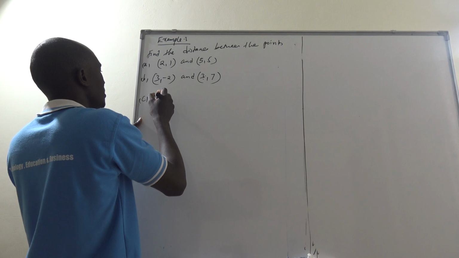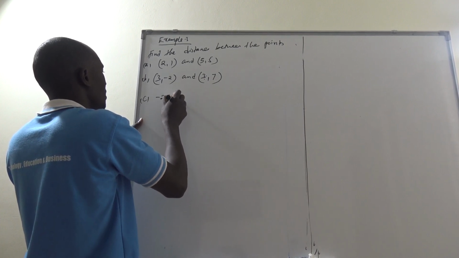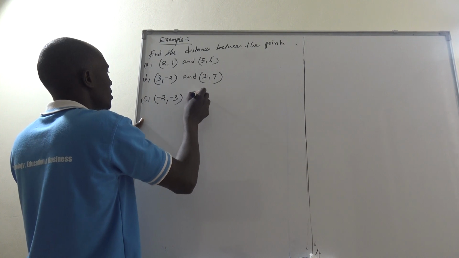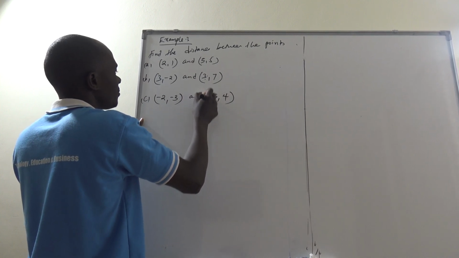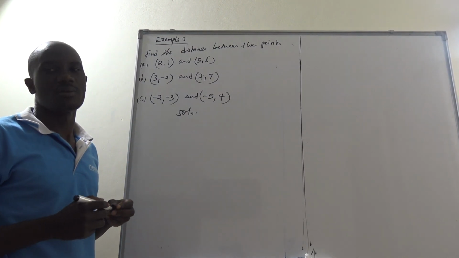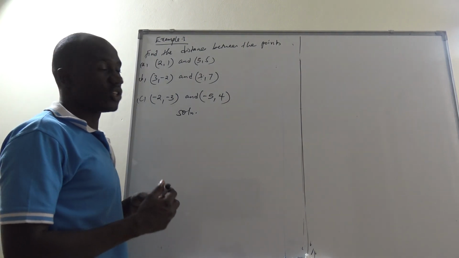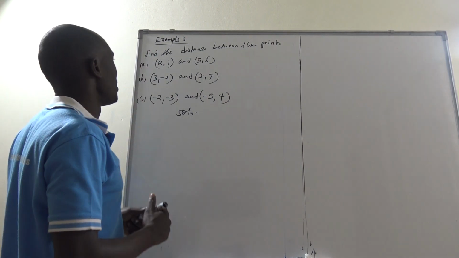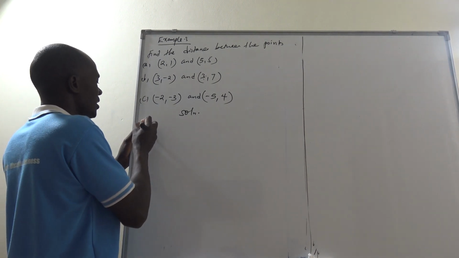Part C: negative 2, negative 3 and negative 5, 4. Let's try to look at the solution on these ones. We are still getting the distance, and when they say distance or magnitude, all of them mean one thing. So can we start with part A?